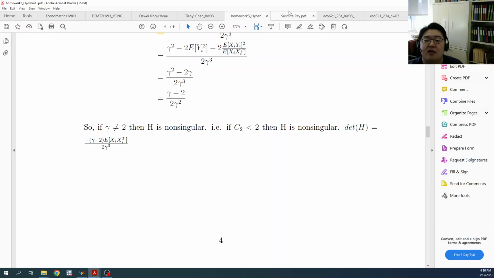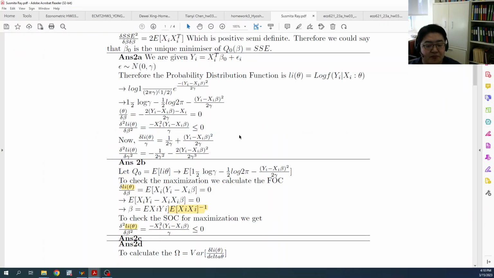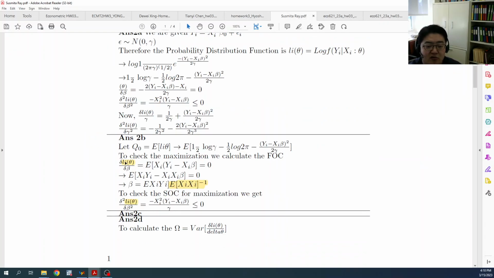Okay, and let me see. Here in this answer, expectation should have been taken. So this is not correct because L is random, but on the right hand side, the expectation is taken. So the notation is not consistent.